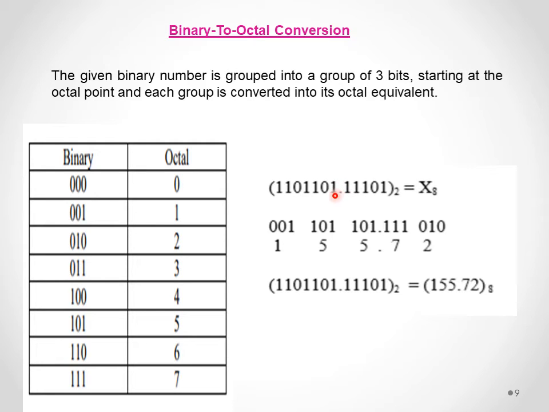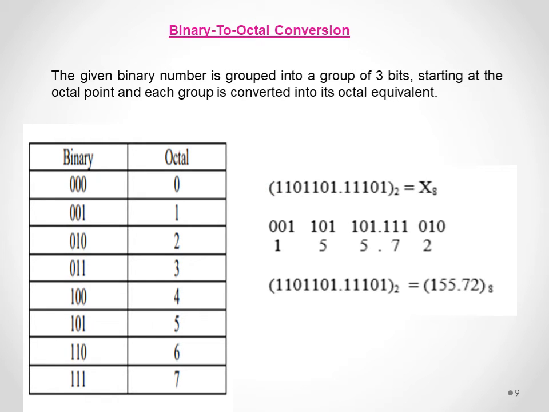So we group the first 3 bits, the second 3 bits, and here we will have only 1 bit, so we can add 2 zeros. 1 means it's equal to 001. So we are grouping into 3: 101, next to 101, and 1 is written as 001.